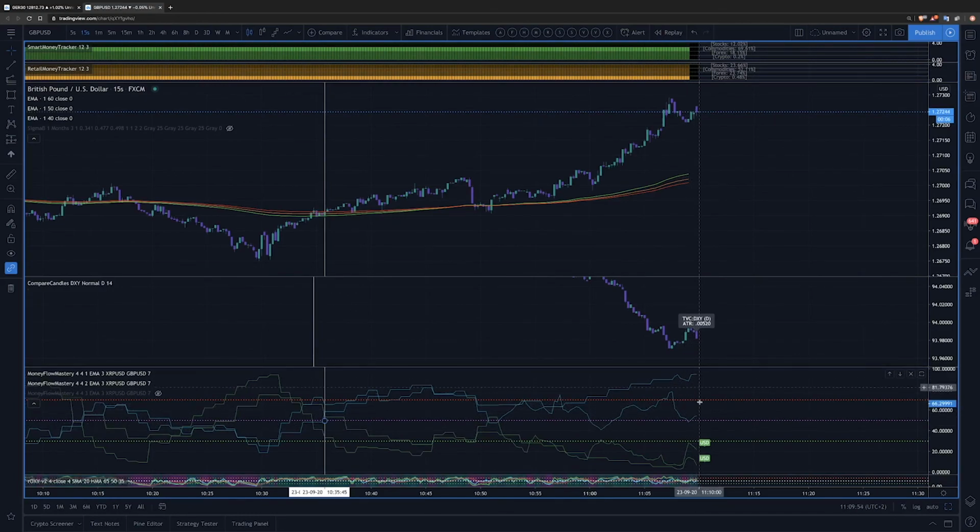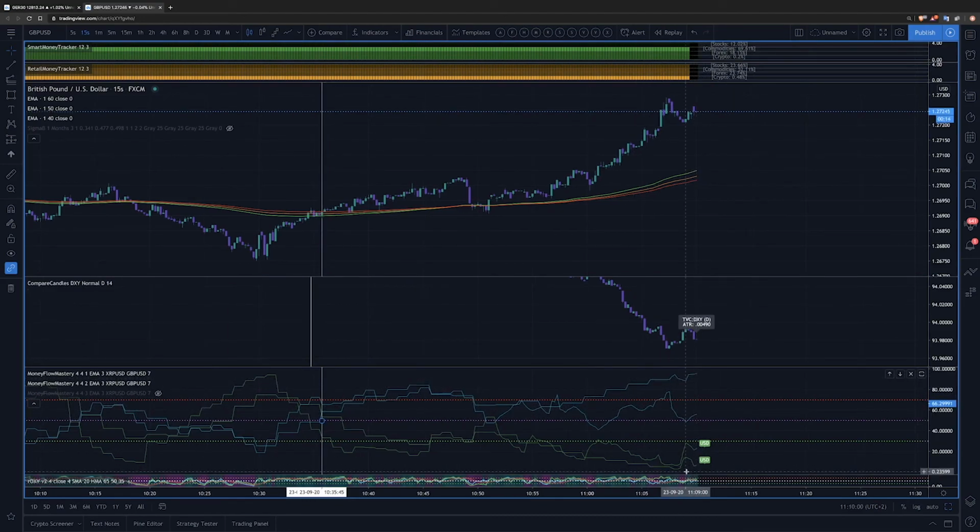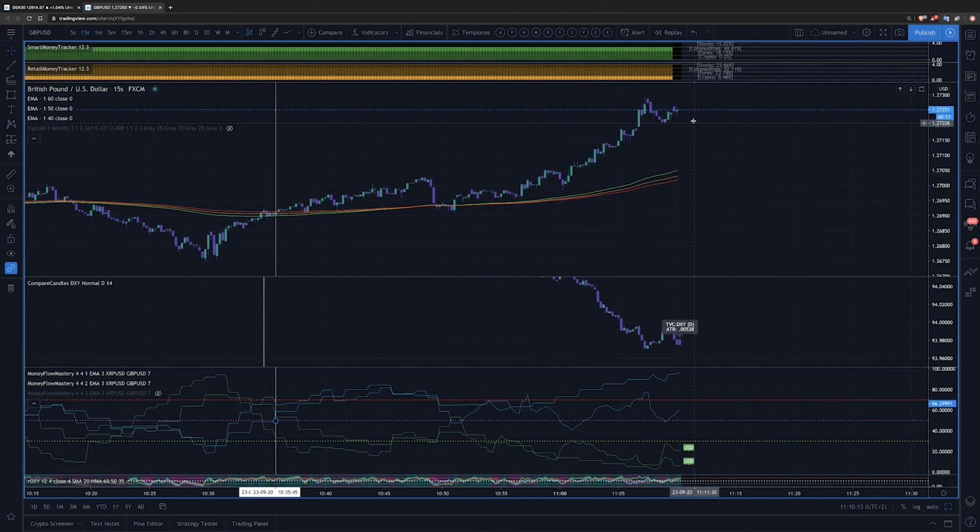So call it dumb money, call it retail money. We're still technically in bullish territory for the pound. This is getting weaker though, isn't it? The 1's getting weaker. The 2 minute is still in super bullish territory. But we're quite far away from these moving averages.